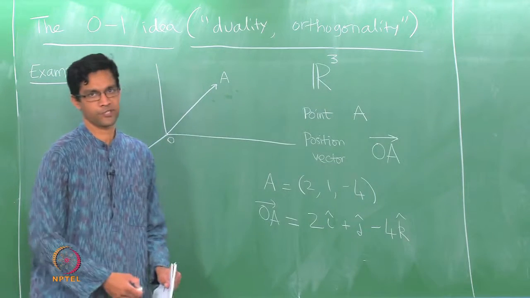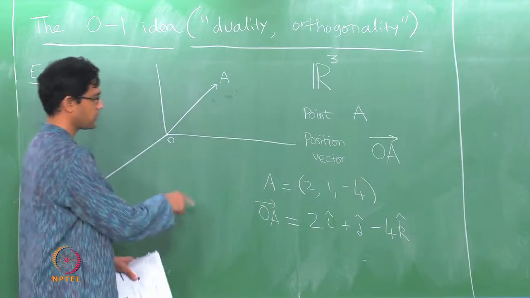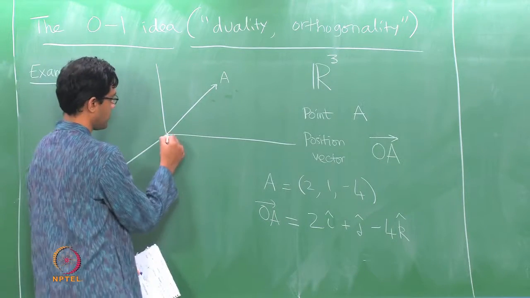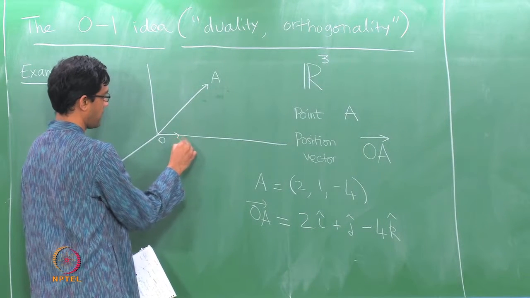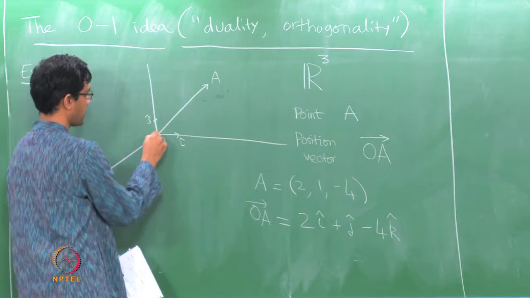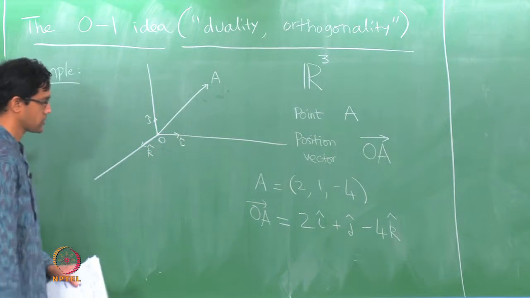This is the conventional way of writing this, where i, j and k just refer to the unit vectors along the x, y and the z directions. So this is the usual notation: i is along the x, j is the unit vector along the y, and k is the unit vector along the z direction.